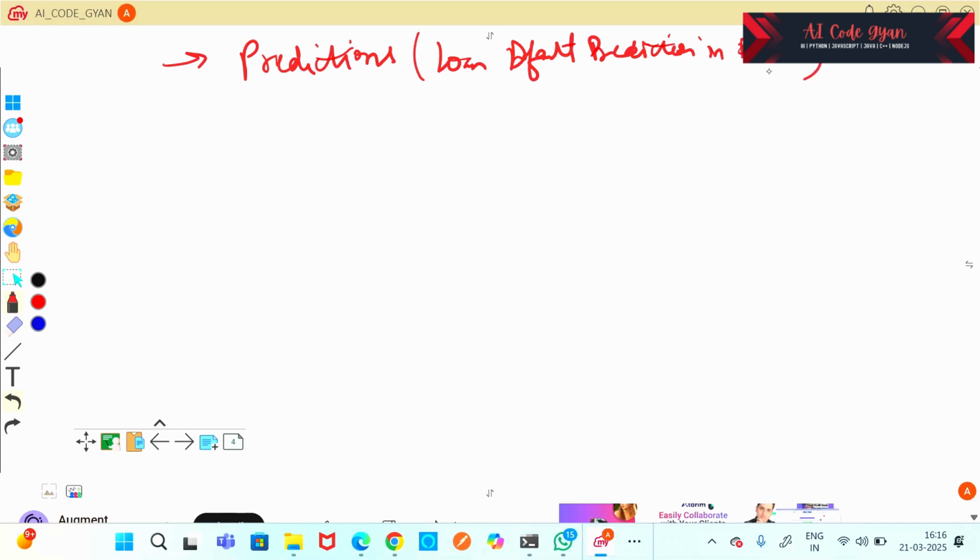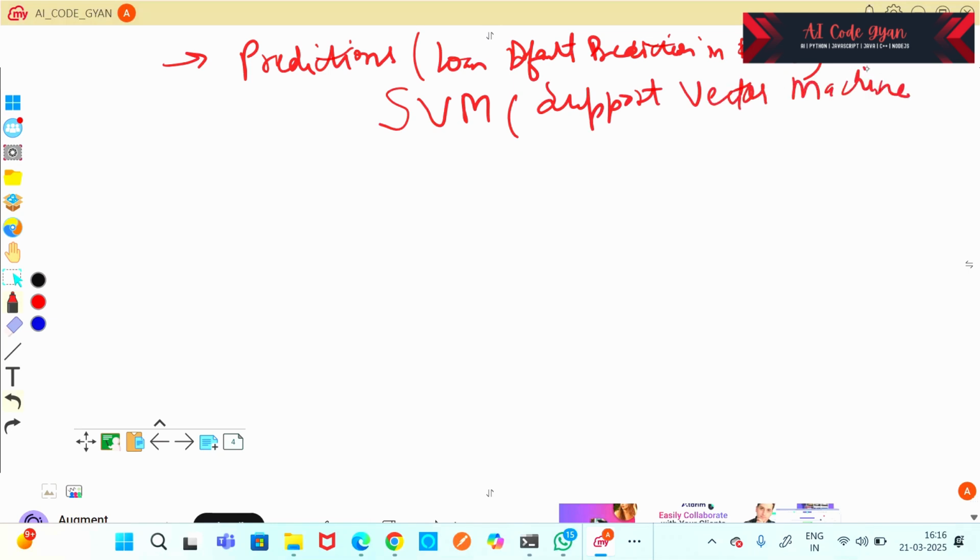Now the third one we are going to discuss is SVM, support vector machine. Here what we consider is a hyperplane to separate two sets of data. Suppose we have to distinguish cats and dogs.